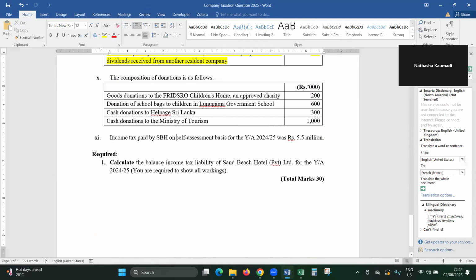Income tax paid, self-assessment base. Okay, what is this? When you have self-assessment base payments, this is again a tax credit. You can reduce your tax liability because we have already assessed and self-payments were done. 5,500 you have paid.